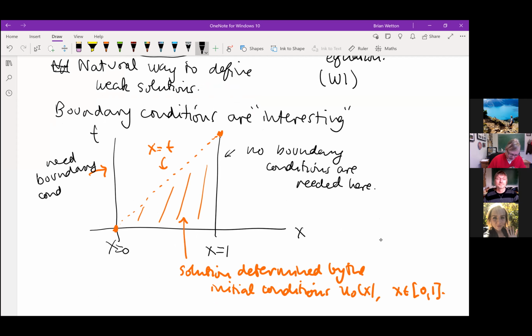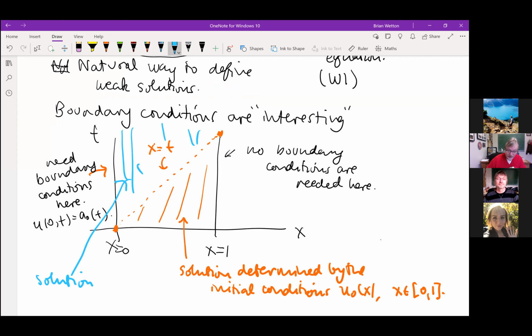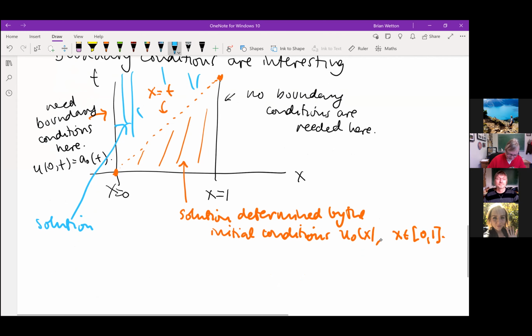I'm just going to give Dirichlet data. And then if you look at this region over here, everything up here, that blue region, the solution is going to be determined by the boundary conditions.